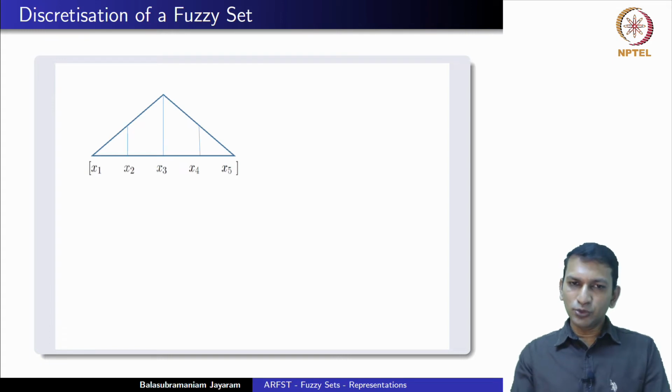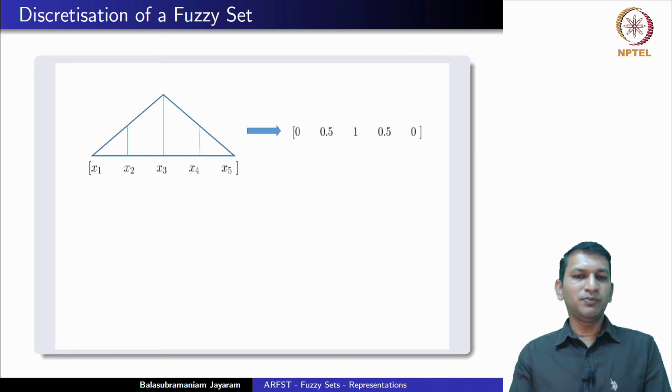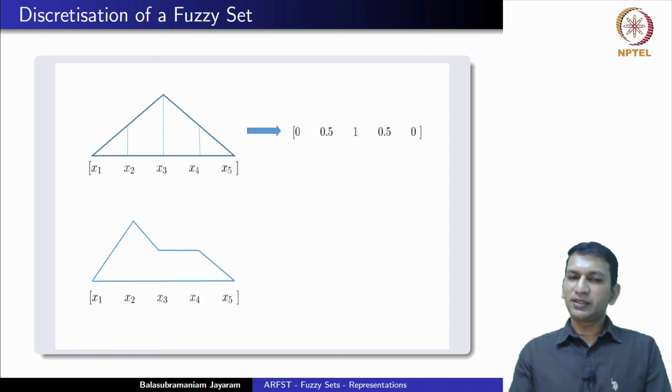And how do we choose these components? We find the membership value at these 5 points of discretization. In this particular case, it would turn out to be 0, 0.5, 1, 0.5 and 0. Look at another fuzzy set which is not so symmetric, but again with the same points of discretization. The representation of this fuzzy set can be seen as follows.